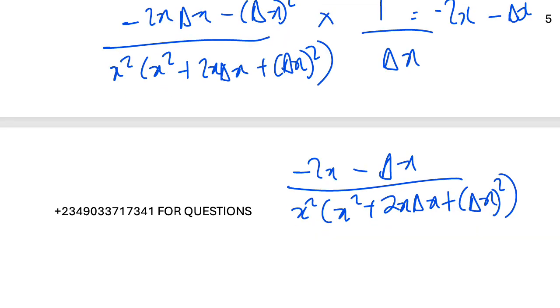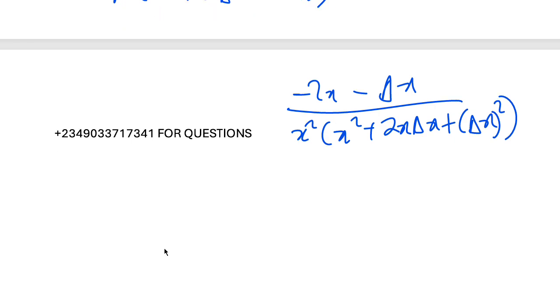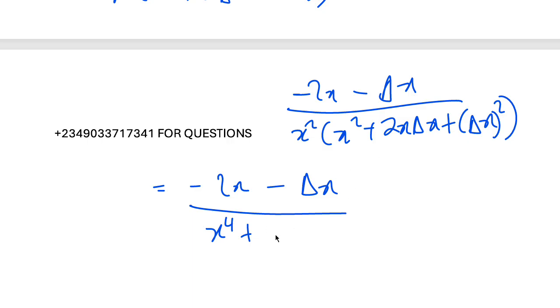And then we could go on to simplify. That's negative 2x, negative change in x over x squared times x squared. Using law of indices is going to give us x to the 4, right? That's x to the 4 plus 2x times x squared is going to give us 2x cubed change in x plus x squared times change in x all squared is going to give us x squared change in x all squared, right?